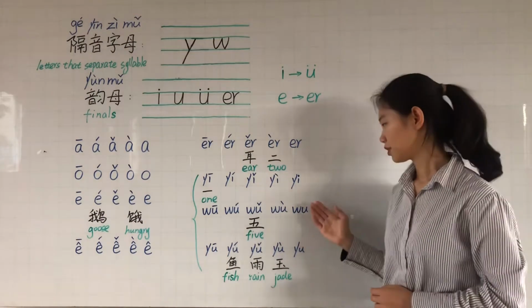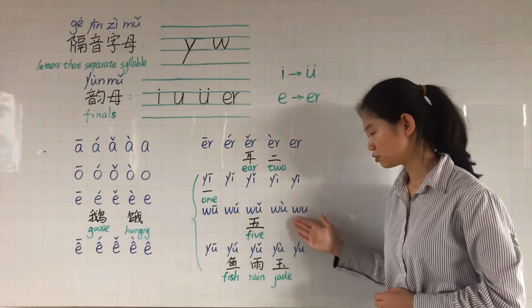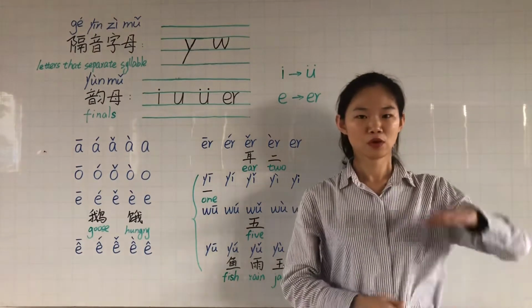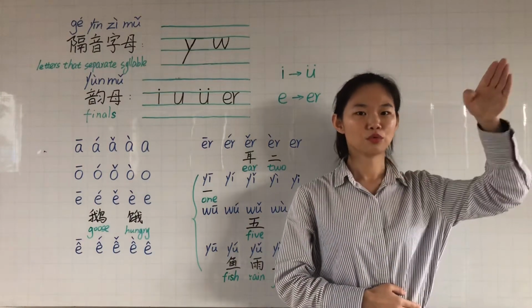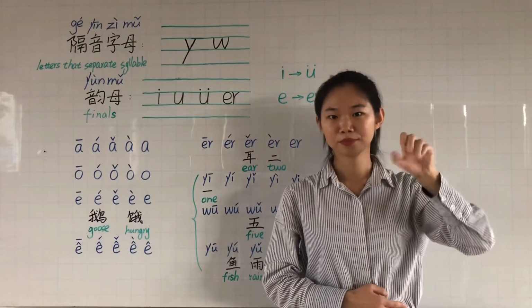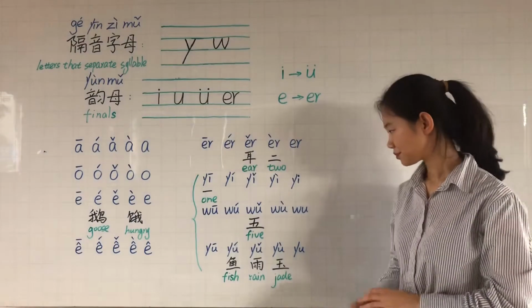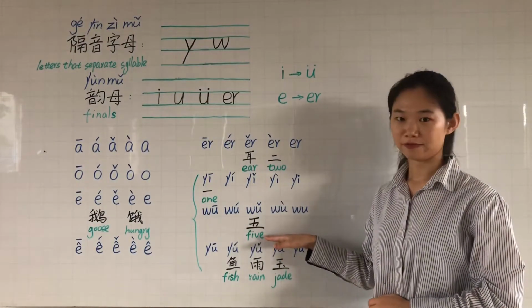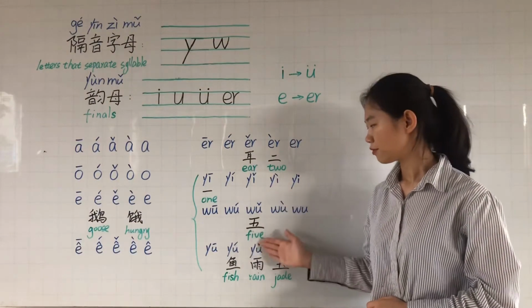Remember, no tone mark on the neutral tone. Okay, repeat after me. Wu, wu, wu, wu, wu. Very good. Wu, it means 5.